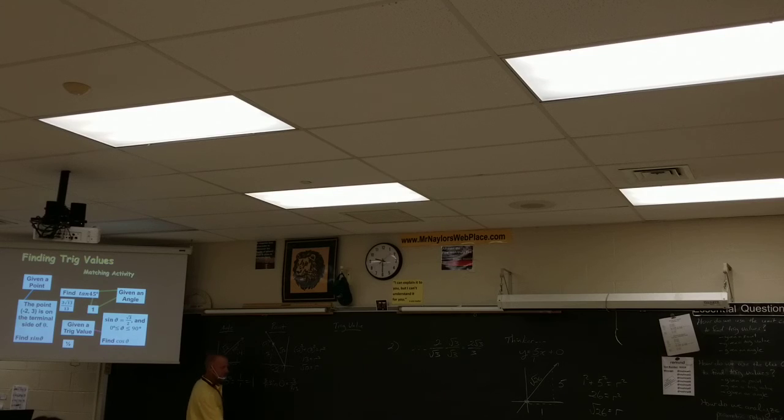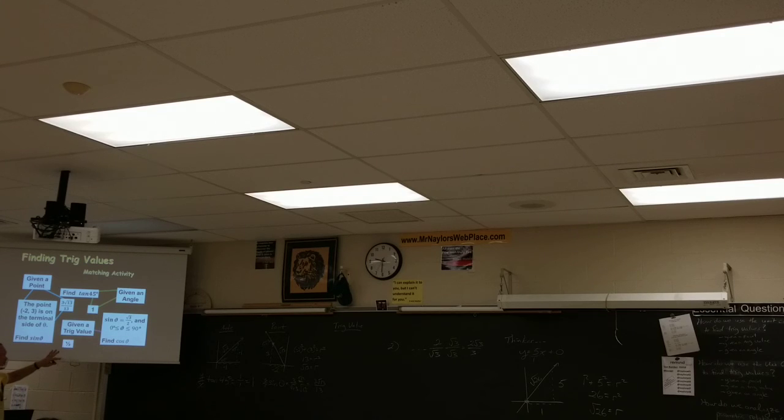And as was asked a few seconds ago, clean up root 13. But all that really does is create 3 root 13 over 13. So that's given a point. And when you're given a point, you can make a sketch, just like honestly all the problems, but we'll match the answer.